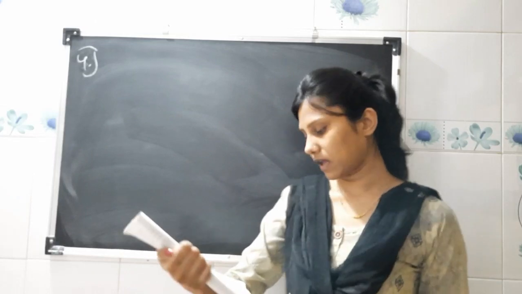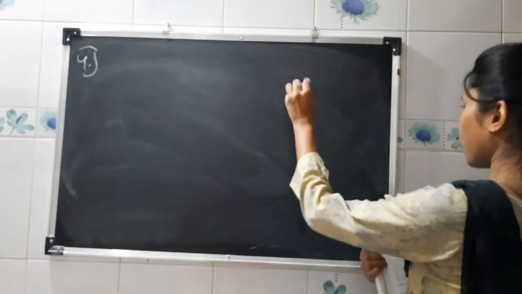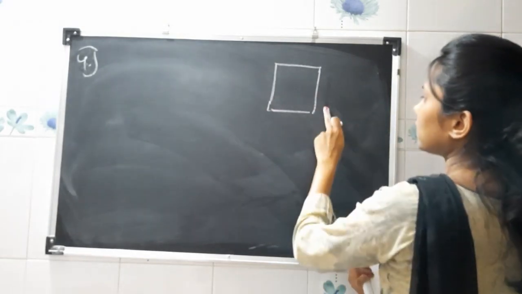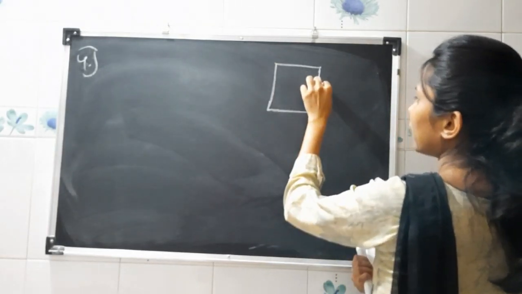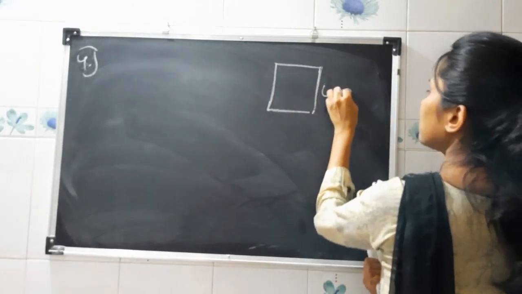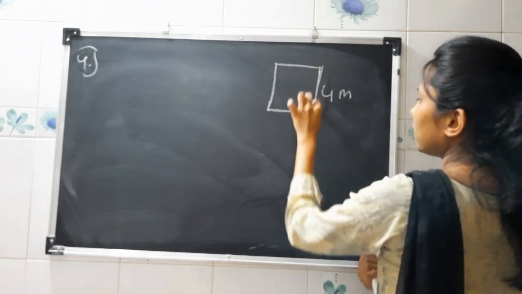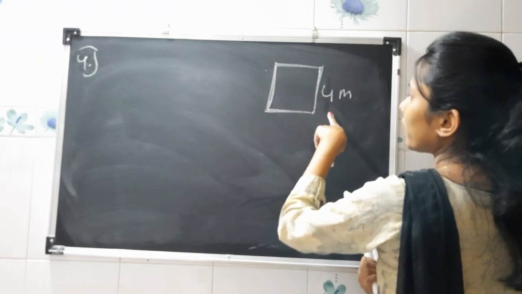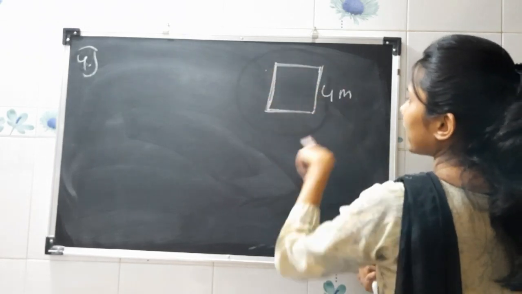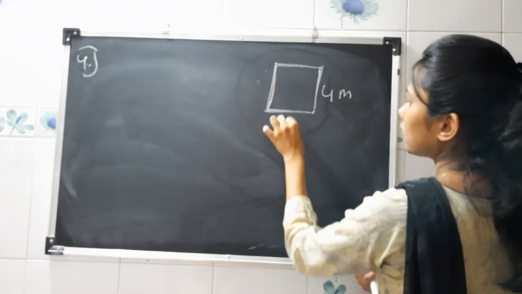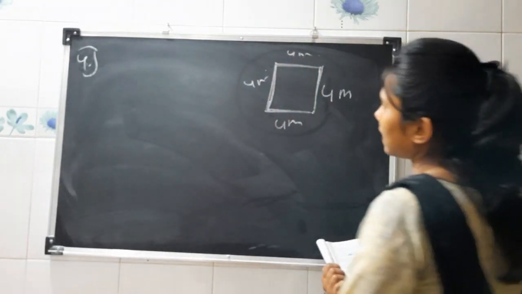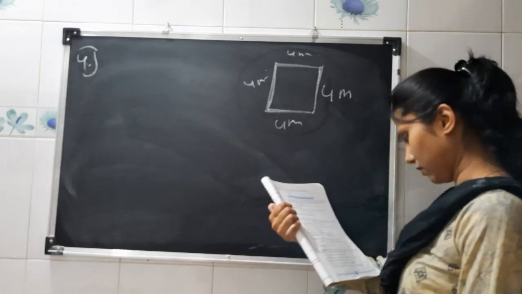Okay, see what they have given. One side of a square room. See, this is a square room. The length of one side of this square room is 4 meters. Square room means all the sides of the square are equal. So the length of all the sides of this room is 4 meters.